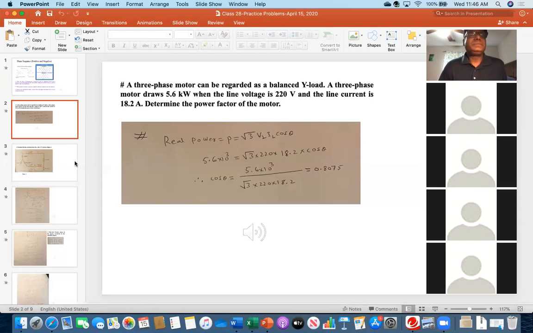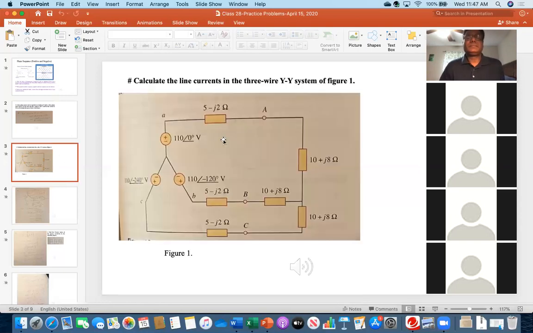Okay, the next problem. Everybody see this example. Calculate the line currents in the 3-wire YY system of the following figure. In this case, 3-wire means 3-phase. I have used the term wire, but basically this is 3-phase.